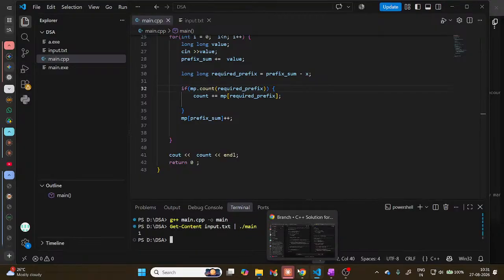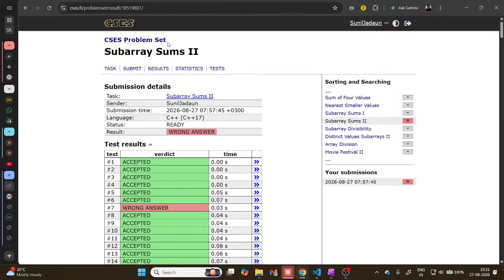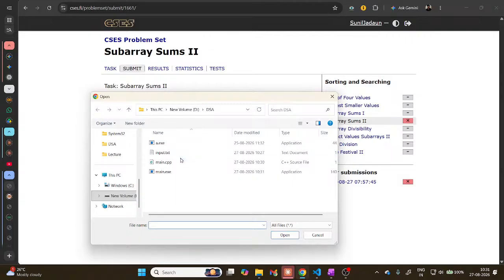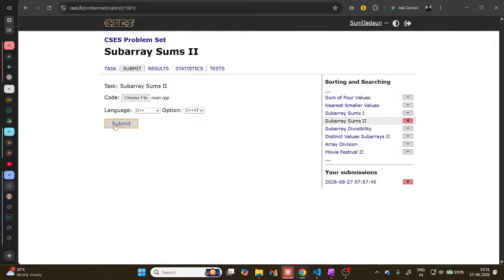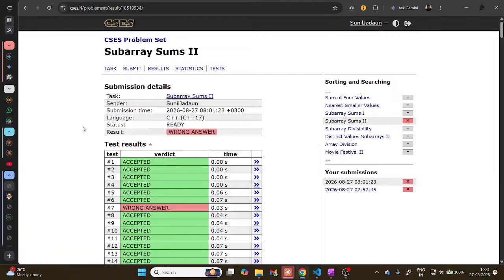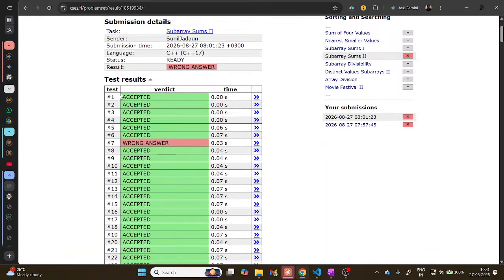Okay, let me try this again and submit it. Choose a file, main.cpp, and try to submit again. And once again things get tricky.